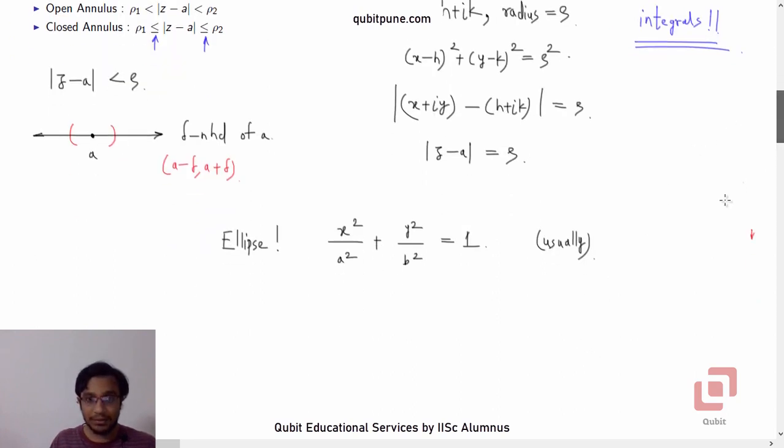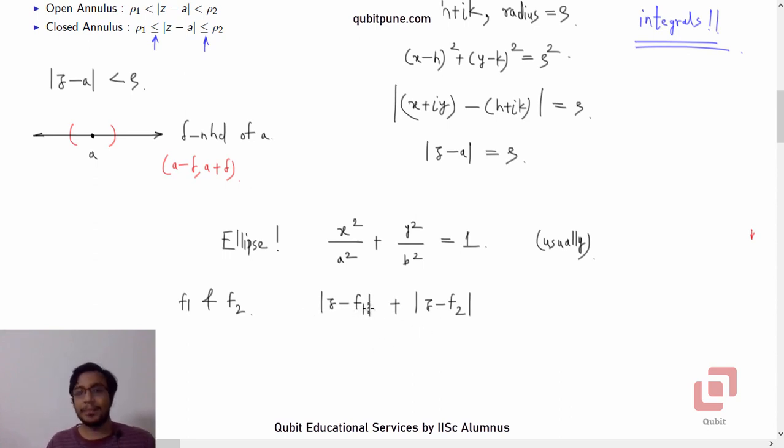However, it is worth noting the equation of an ellipse, in particular the definition of the ellipse based on the focus directrix property. So if we have f1 and f2 to be the complex numbers representing the two foci of the ellipse, then mod of z minus f1 is the distance of the point z from the focus f1, and this is going to be the distance of the same point from the second focus f2.